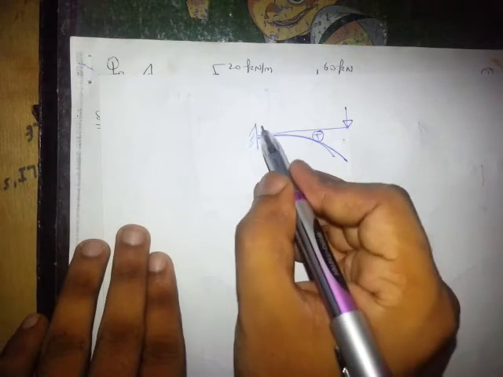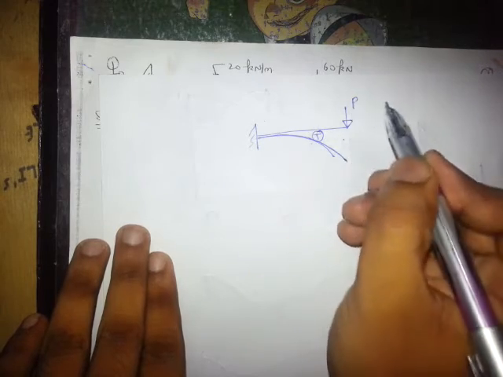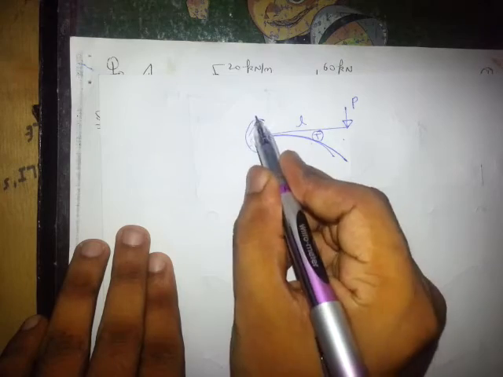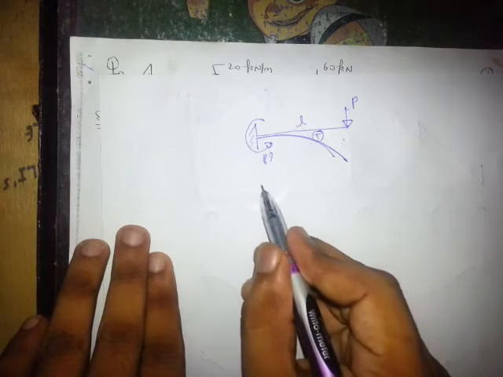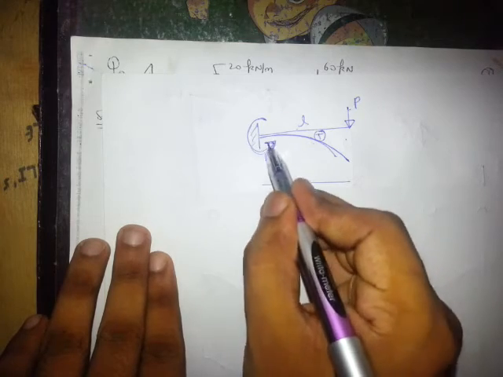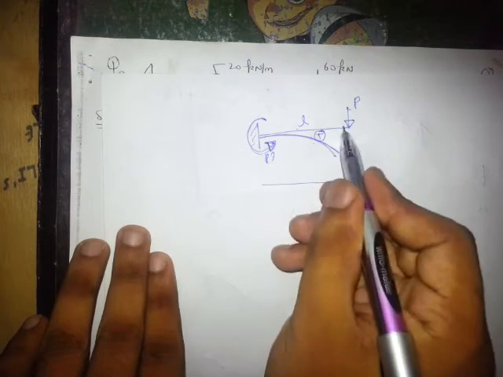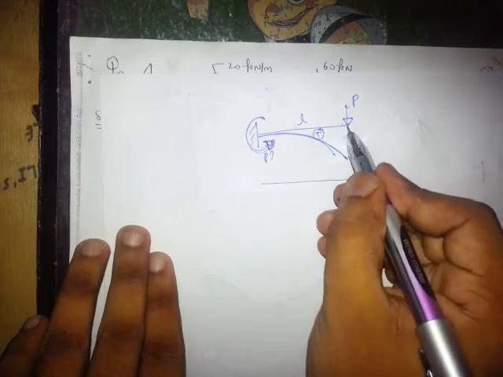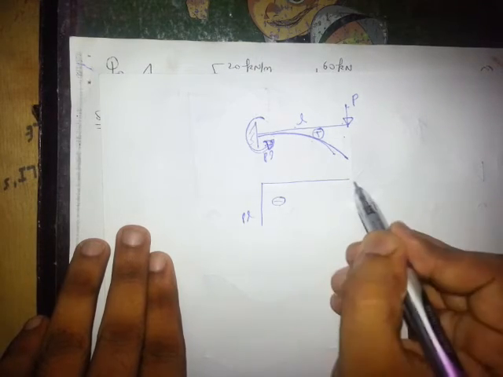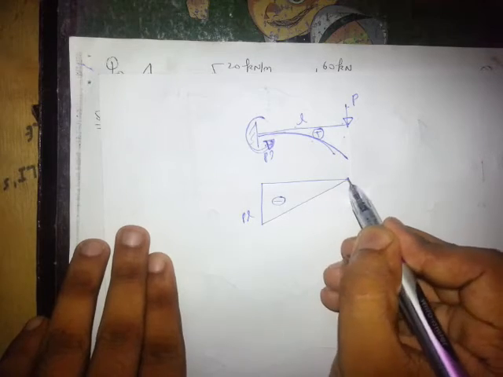How to draw? This is P value, this is L length, so the value will be P into L. Here bending moment will be P into L. So you can draw here P into L, arrow hits down, here is 0, so minus PL, 0 and join it like this.